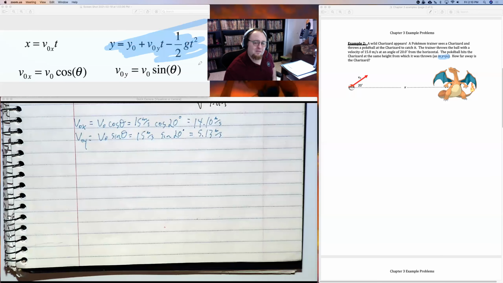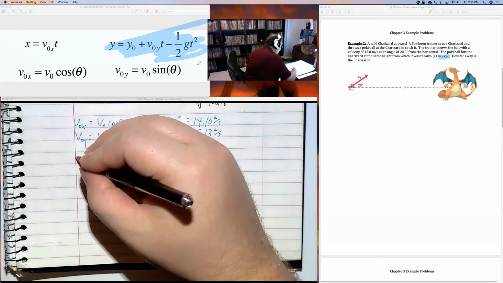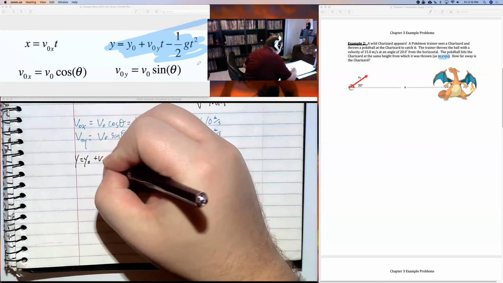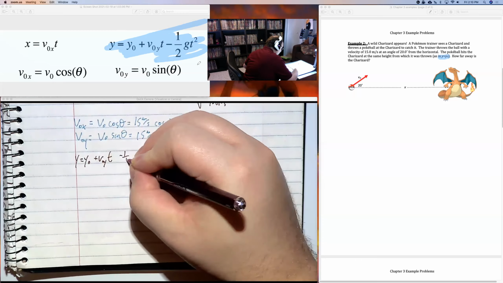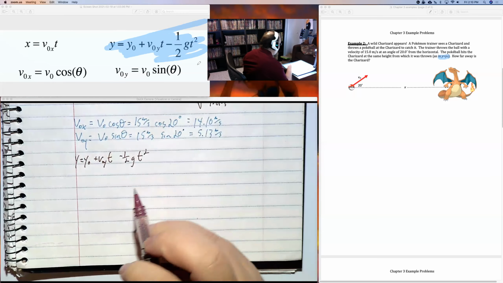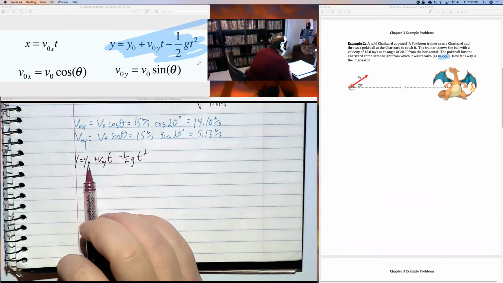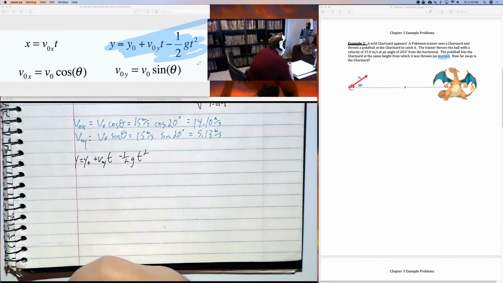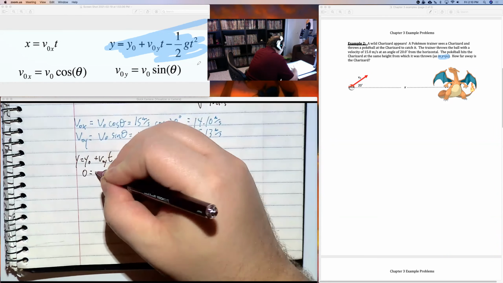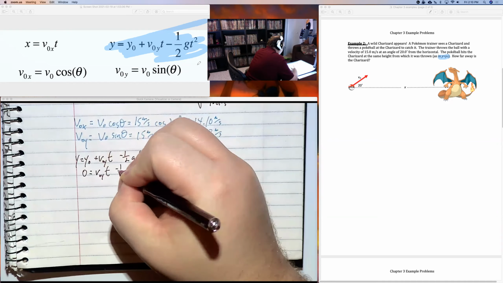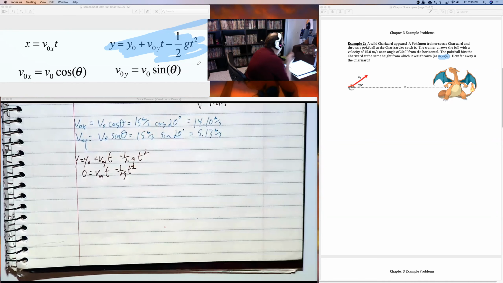And now that I know stuff about that equation, I can use it to get t. I can say y equals y naught plus v naught y t minus 1/2 g t squared. Now, if y equals y naught, these are both the same. I can subtract them from both sides. And that would be the same as 0 equals v naught y t minus 1/2 g t squared. I can also just set them equal to 0 and get the same thing.